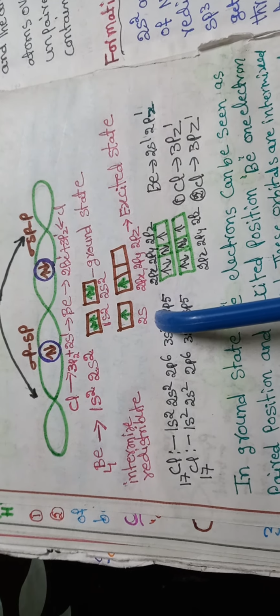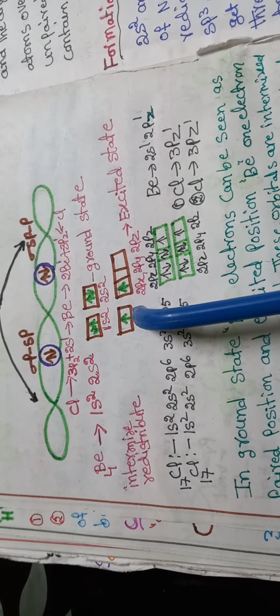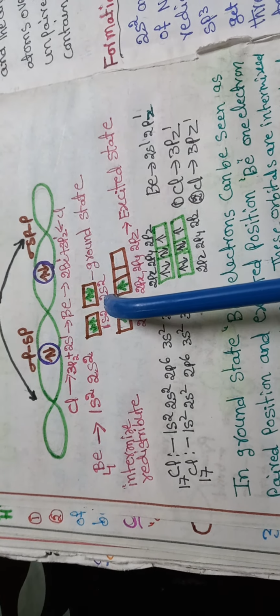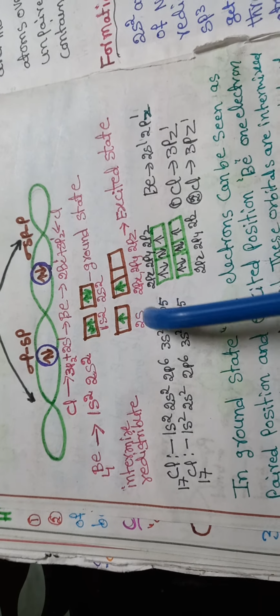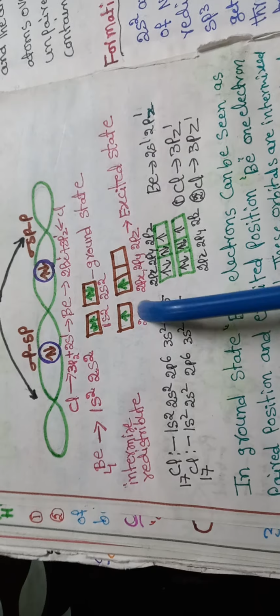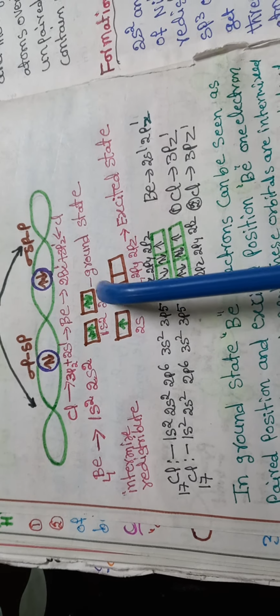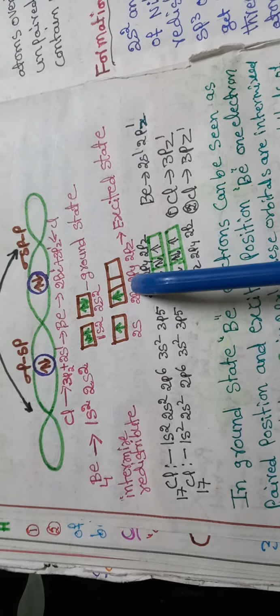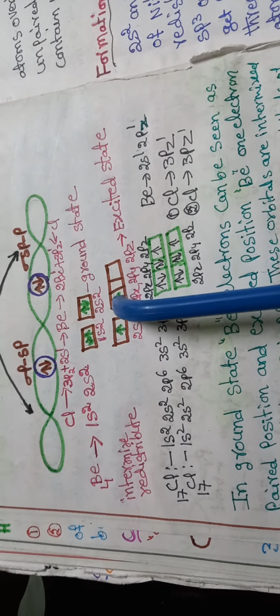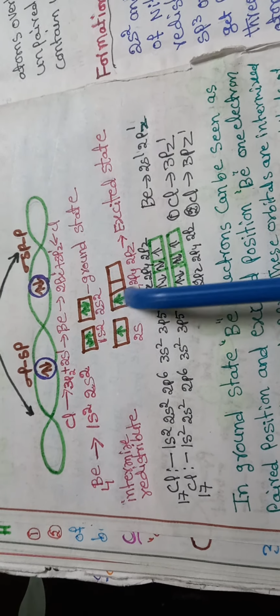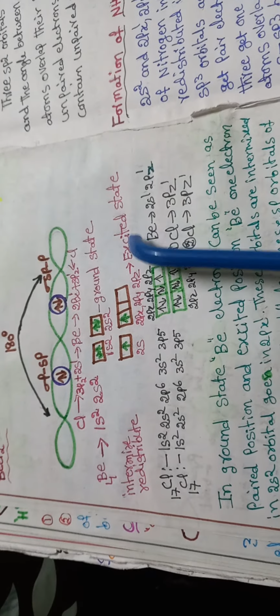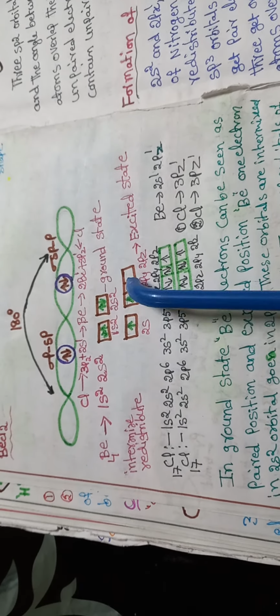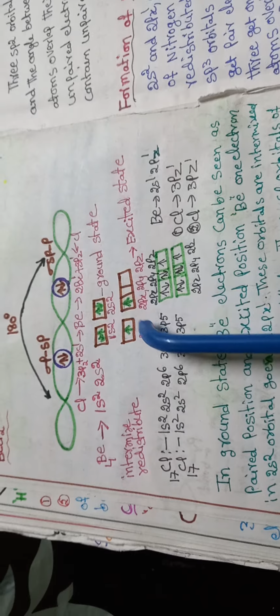Before, 2 electrons were there in the 2s orbital; in the excited state, in the 2s orbital one electron is there, and another electron goes to the p orbital, the 2px orbital. Now, in the excited state, beryllium has 2 unpaired electrons.